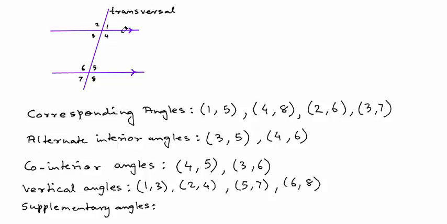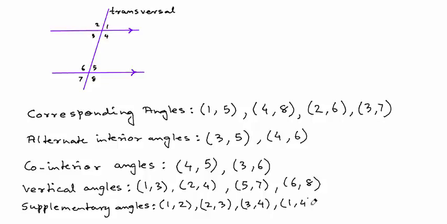Because we have a straight line over here, angle 1 and angle 2 would add up to 180 degrees. Similarly, angle 2 and angle 3 also add up to 180 degrees. So we have 2 and 3 as the other pair. And similarly, 3 and 4 form another pair of supplementary angles. And finally, 1 and 4 is another pair.